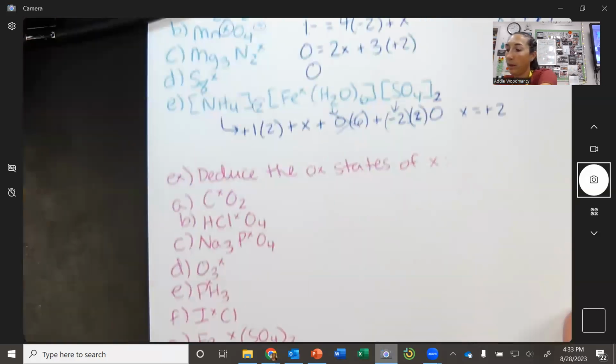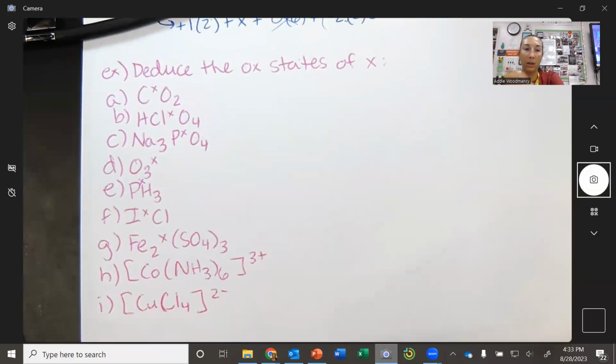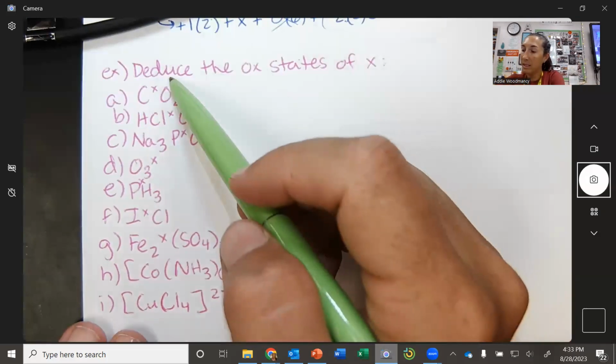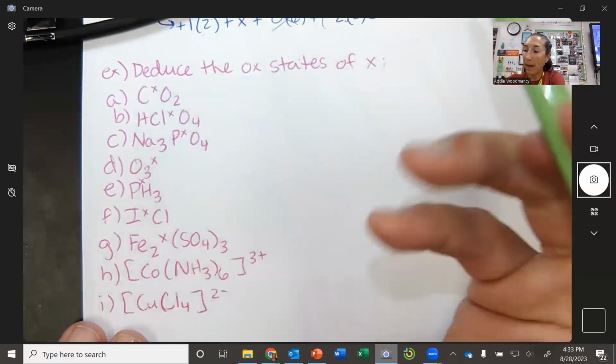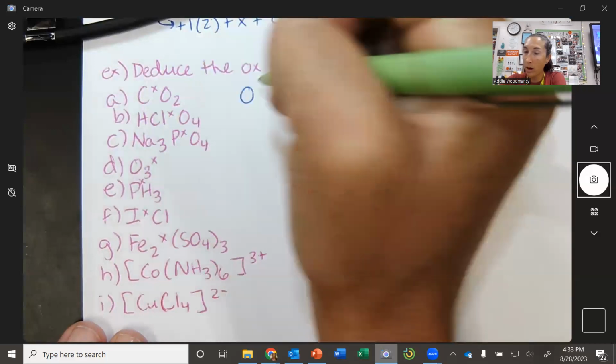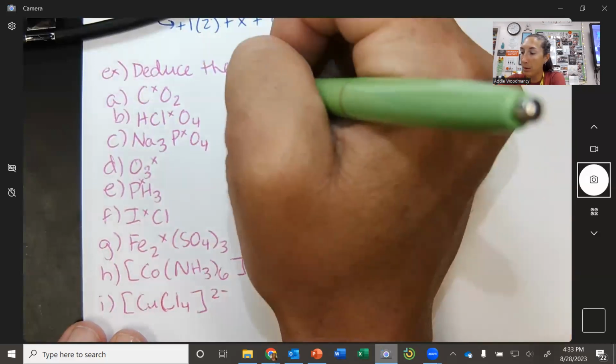Okay, here we go. So pause the video if you need to, and then you are also going to need your periodic table, so keep those things out. And then we'll go ahead and start solving for X. So this is an overall neutral compound, so all the oxidation states have to add up to 0.